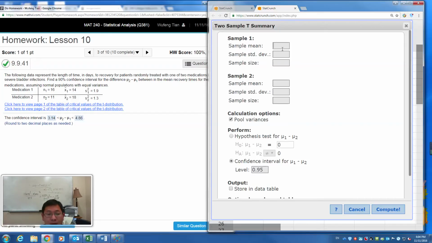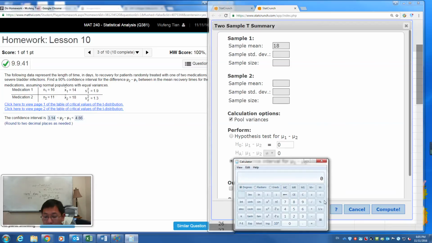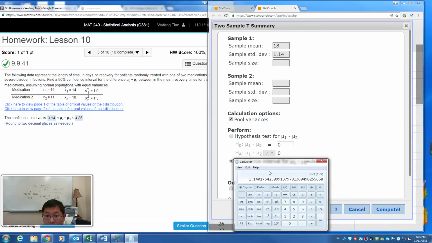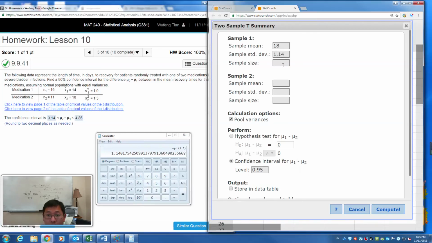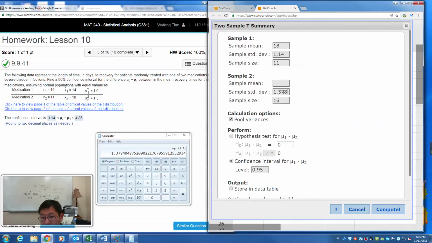So the sample mean is going to be 18. The problem gives 1.3, which is not the standard deviation, it's the variance, so I need to put 1.14. For the second one, sample size is 16. The variance is 1.9, take the square root, standard deviation is 1.378.